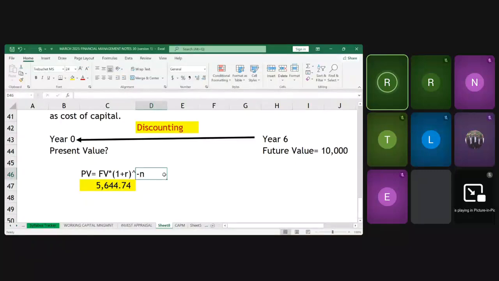This amount of 5,644 today is equivalent to 10,000 after 6 years, assuming the cost of capital, K, is still 10%. So at a cost of capital of 10%, this is what it means.